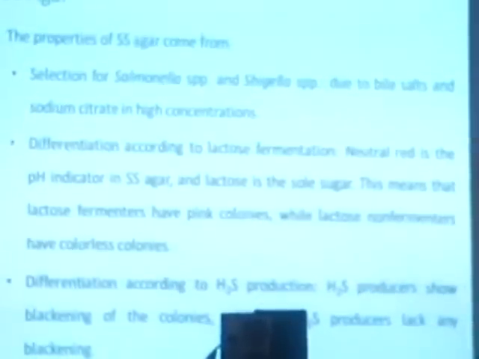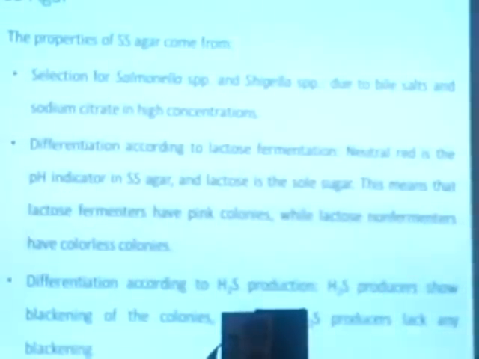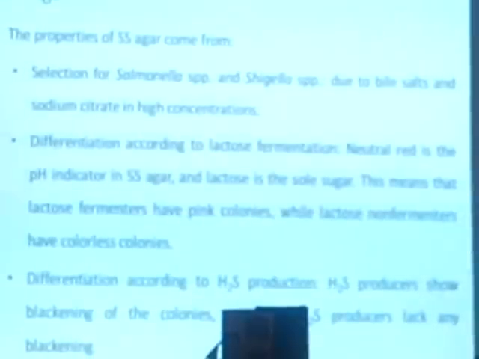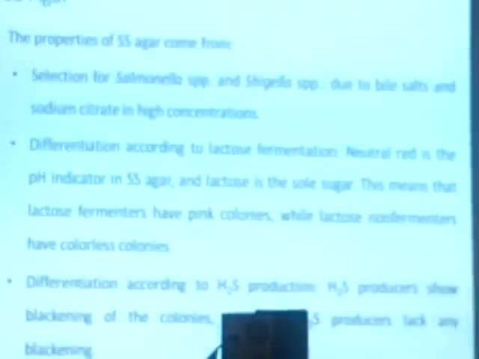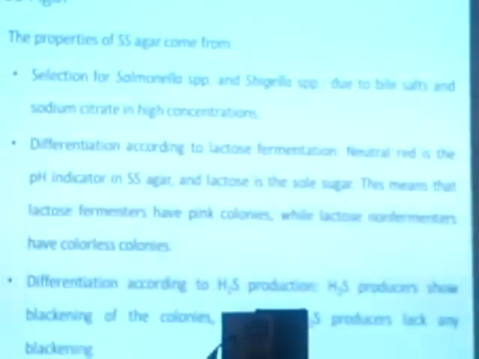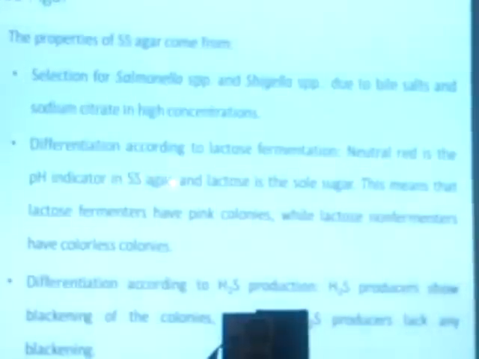Now, differentiation according to lactose fermentation. The pH indicator that we use is the same as that of MacConkey agar. So, it is fairly simple. It is neutral red, the pH indicator in SS agar.